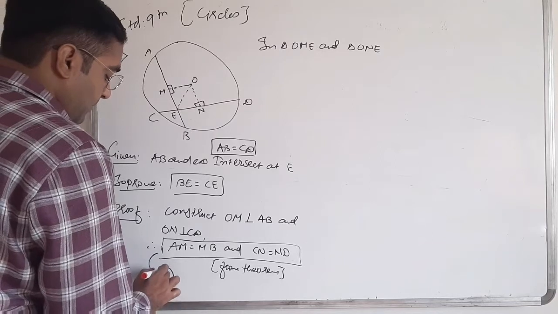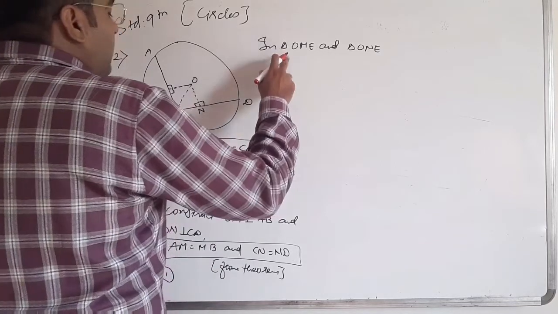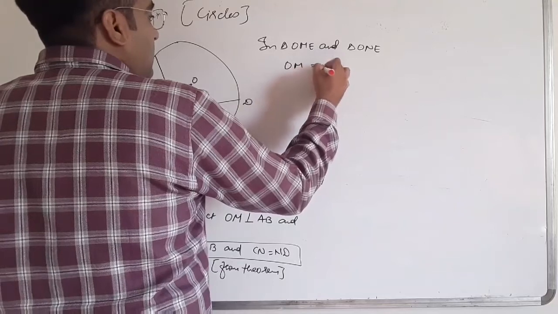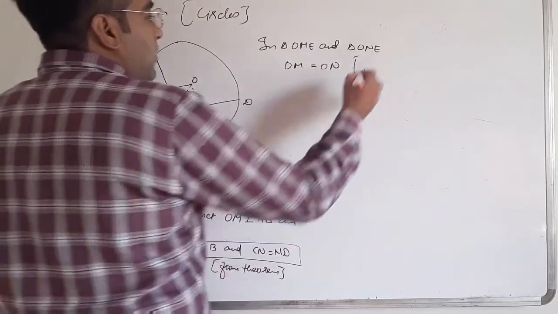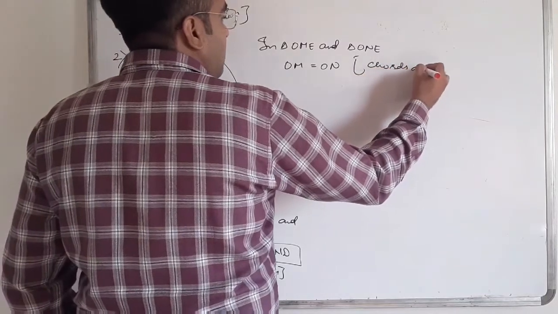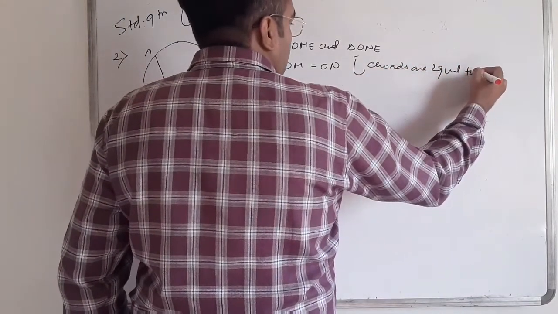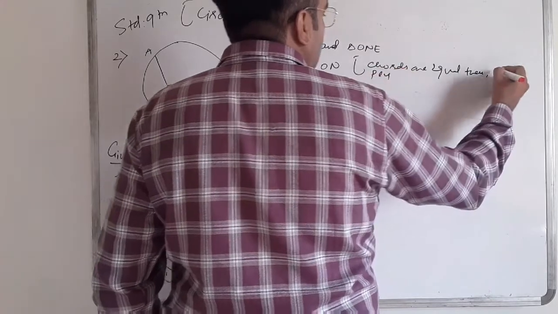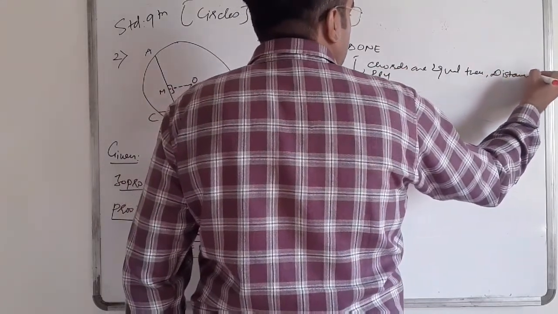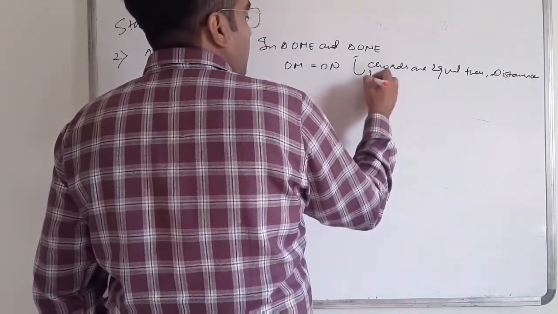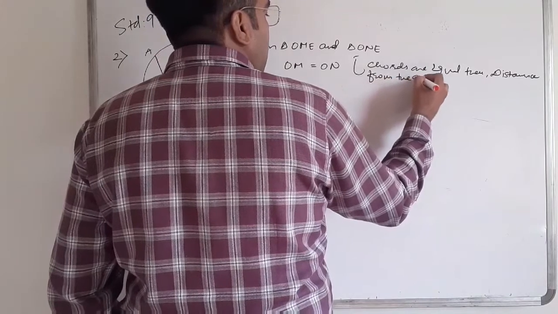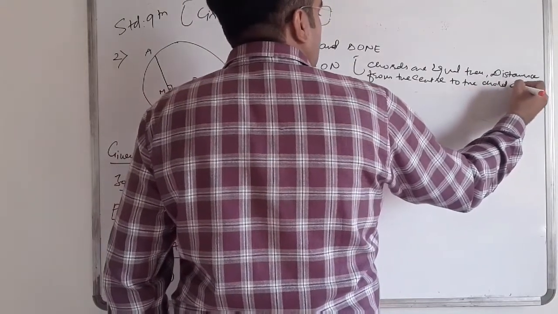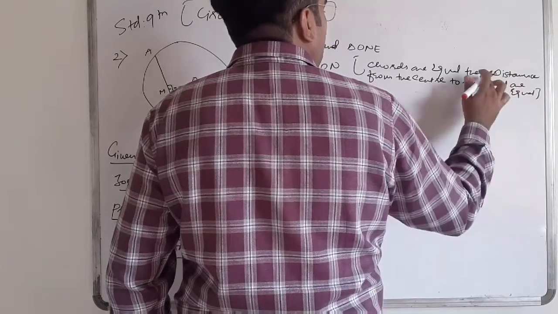In triangles OME and ONE, OM is equal to ON because the chords are equal, and the distances from the center of the circle to the chords are equal. Clear that?